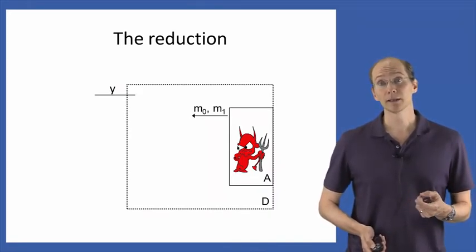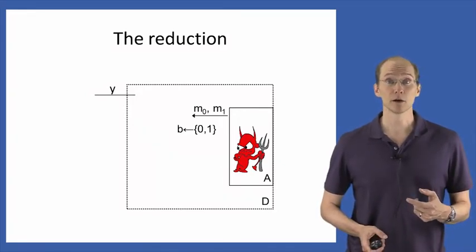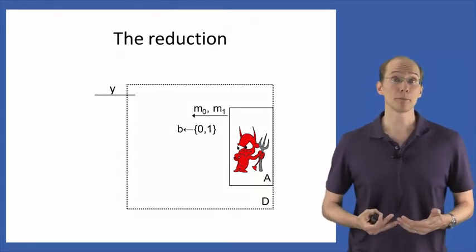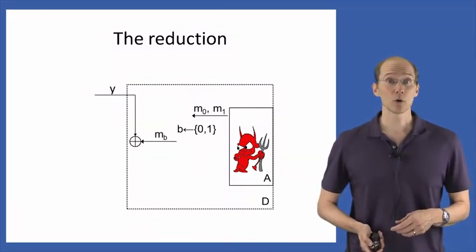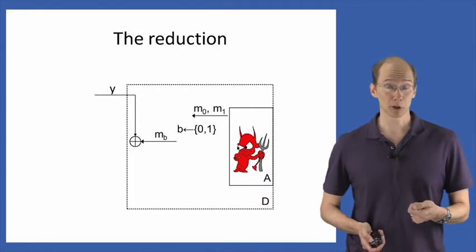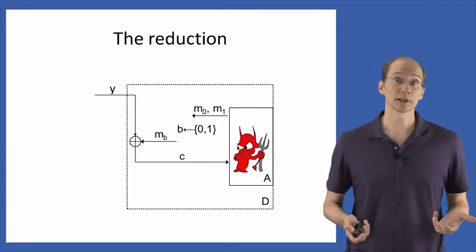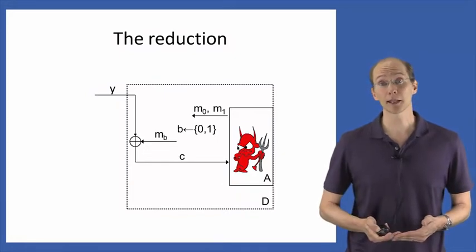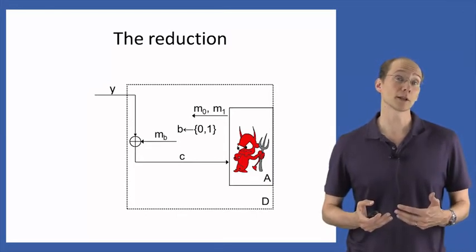At this point, D is going to simulate the experiment of computational secrecy for A. So what that means is that D is going to, on its own, sample a uniform bit B, determining which of those two messages it's going to take, and it's then going to XOR the message M sub B that it selected with its input string Y. We can call that C, just a variable name, but it's meant to indicate that we're thinking of this as a ciphertext, and it gives that ciphertext as input to A. So remember, A believes it's attacking the pseudo one-time pad encryption scheme.